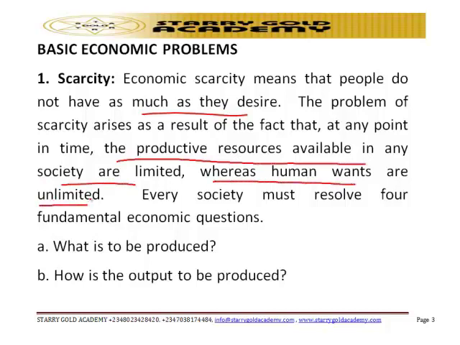So the idea behind scarcity is that it is a basic economic problem. We all know that our wants are numerous.